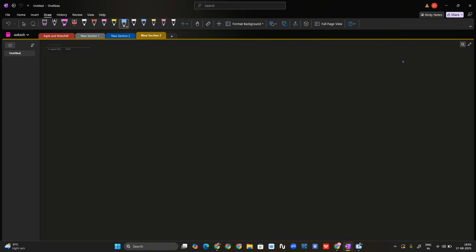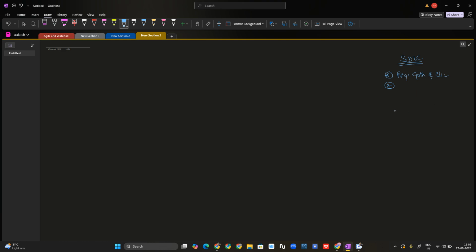So can anyone help me with the points of the software development life cycle? What is the first point? The very first point is requirement gathering and requirement elicitation.